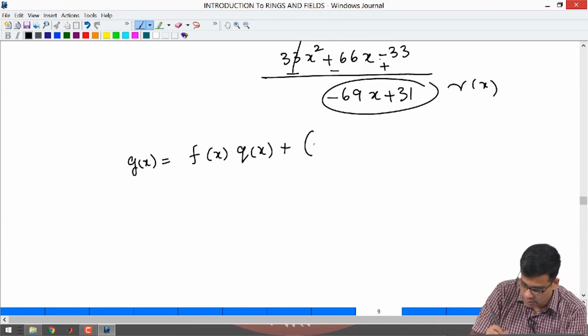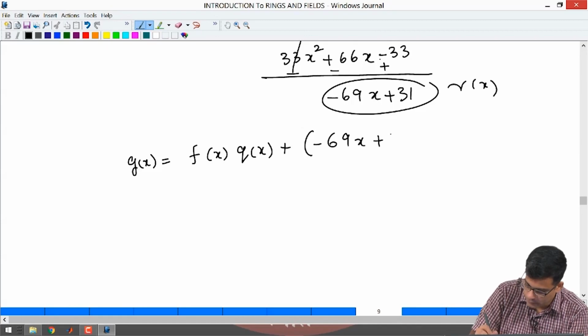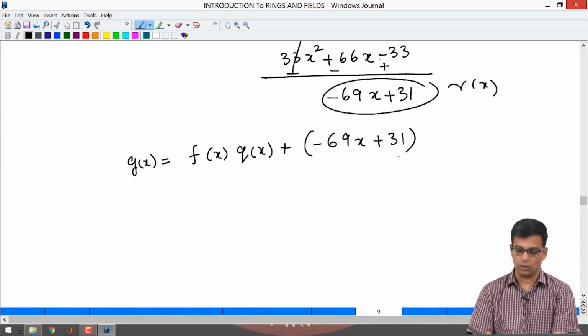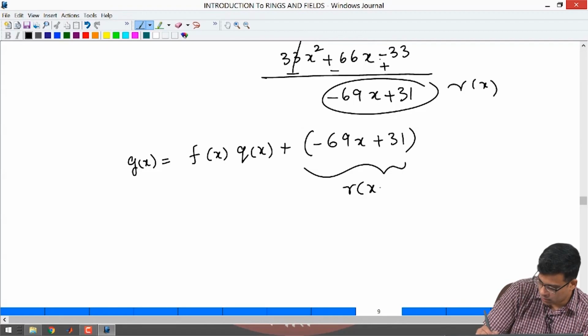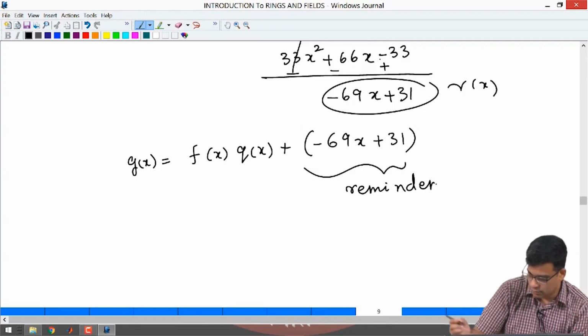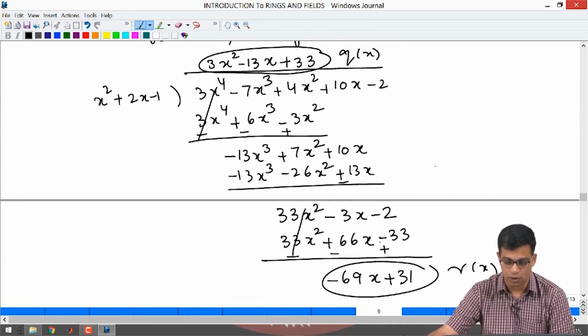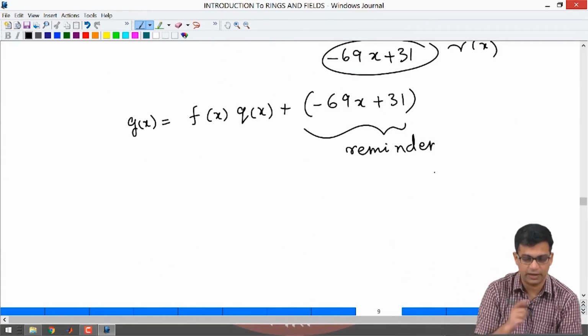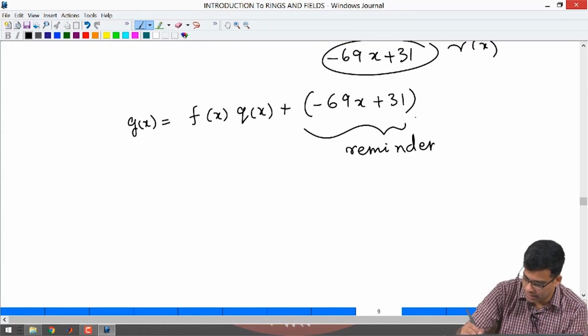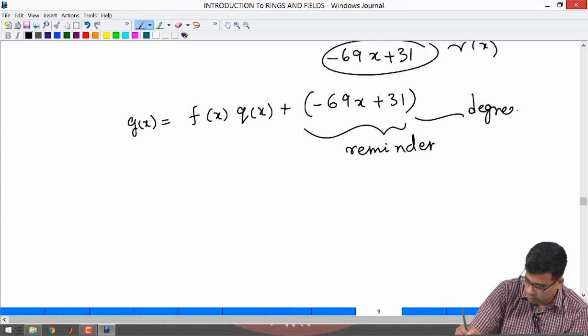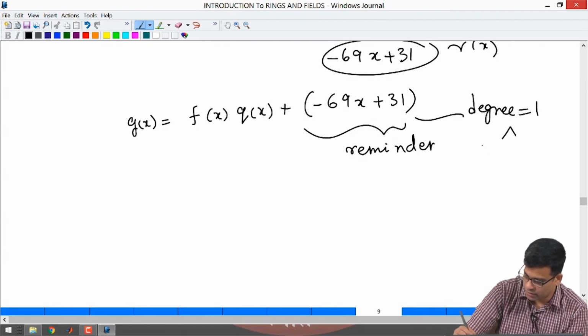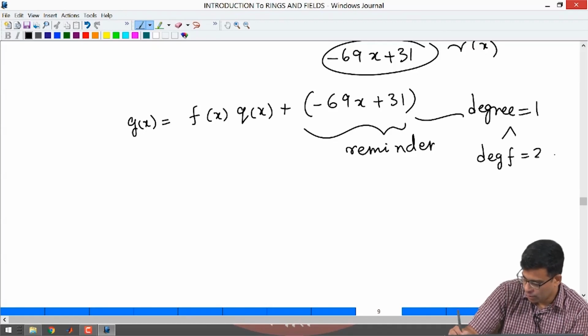So, the remainder is minus 69x plus 31. Remember the property of the remainder: it is either 0, and in this case it is not 0, or its degree is strictly less than the degree of f. The degree of the remainder is 1, which is strictly less than the degree of f, which is 2.